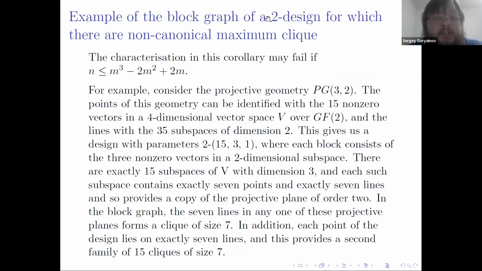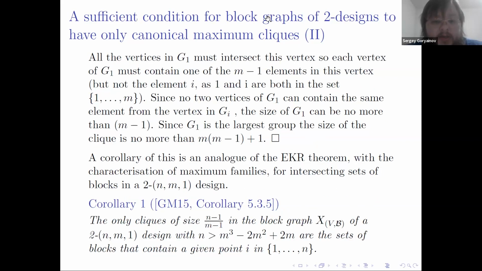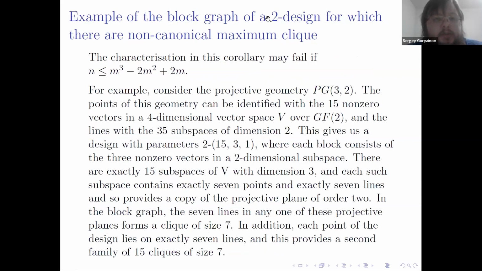The characterization in this corollary may fail if the opposite inequality holds, that is, n is less than or equal to m cubed minus 2m squared plus 2m. For example, consider the projective geometry PG(3,2).